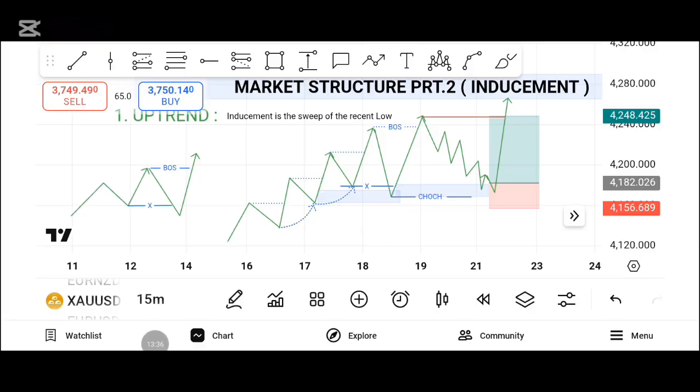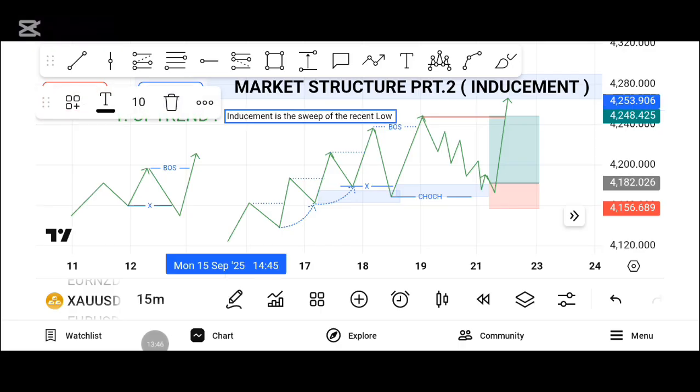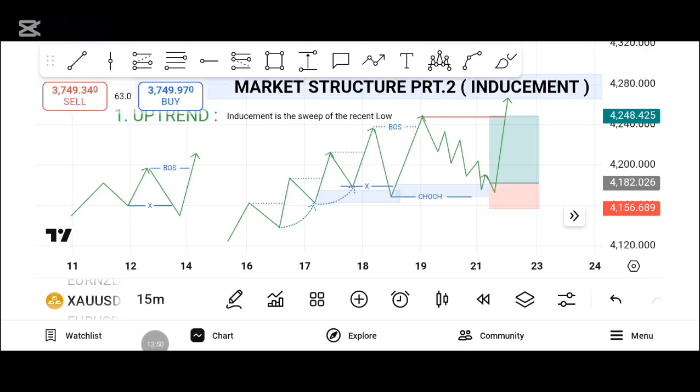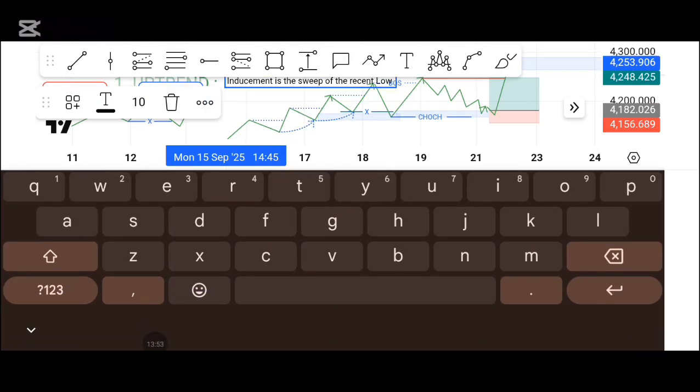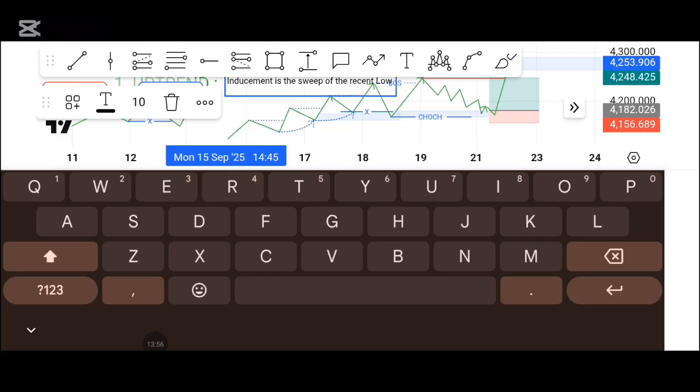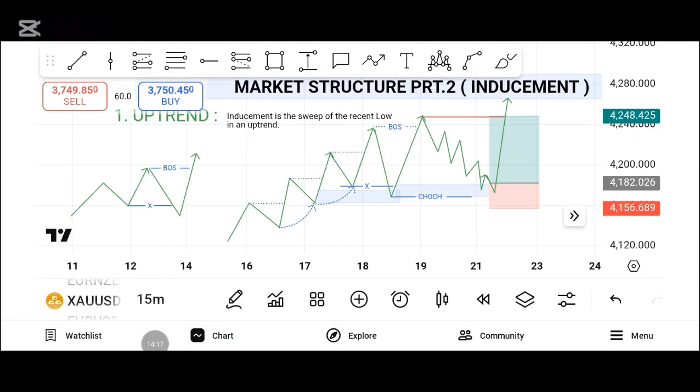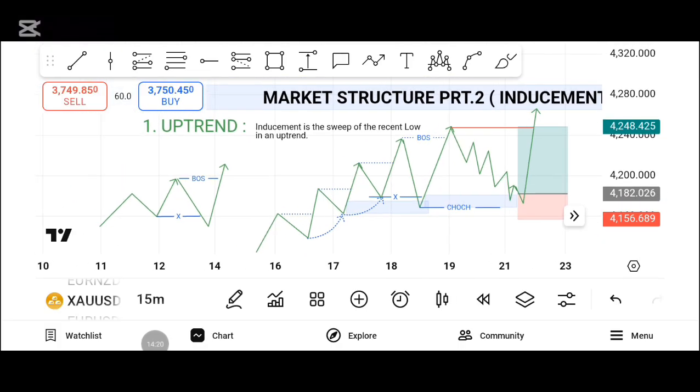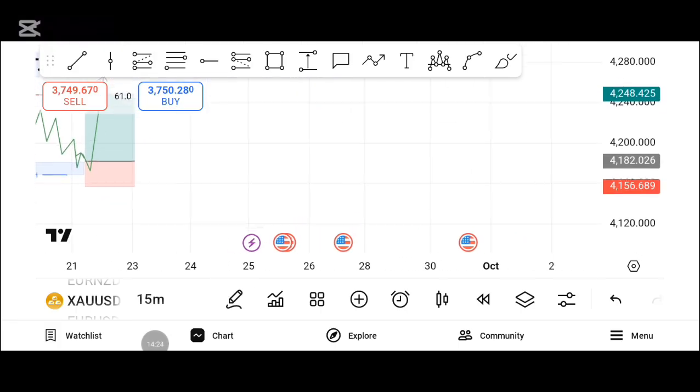So your inducement is the sweep of the recent low in an uptrend. Let's look at the downtrend.